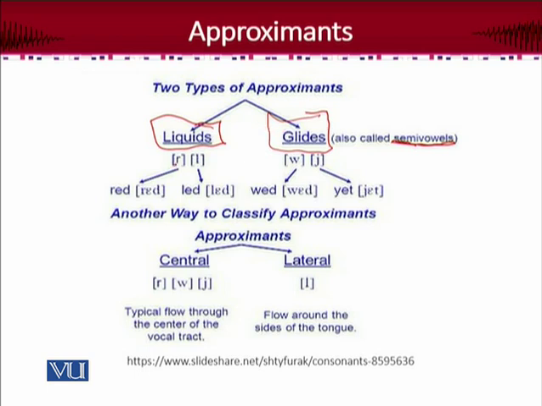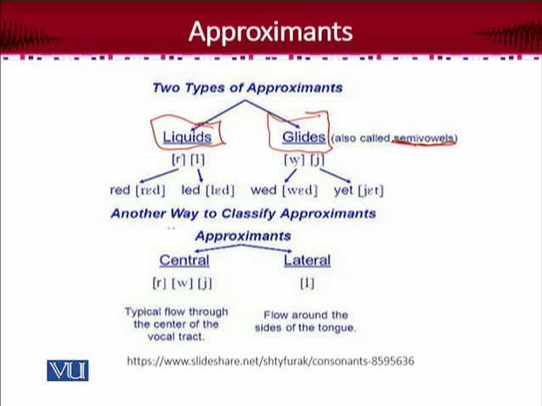In liquids, we got R as in real or as in red, the first sound, and then L as in word lad, right? So these are liquids. And then glides: we got two glides in English, like W in wad and Y in yet. In yet, the first Y sound is also a glide, right?